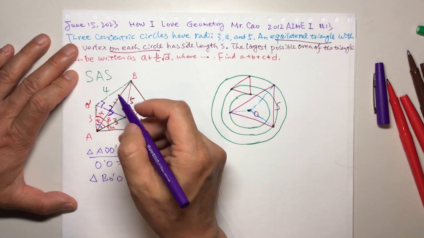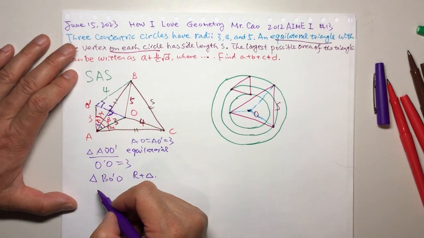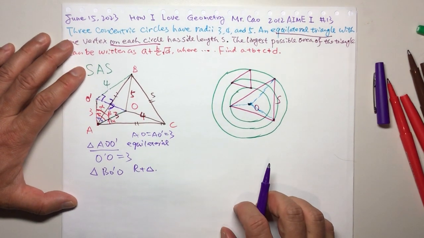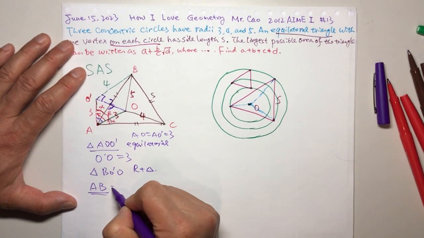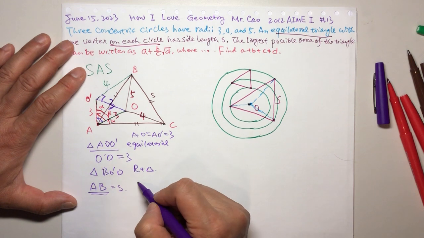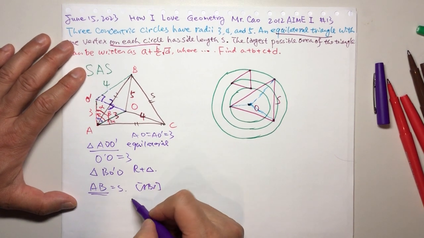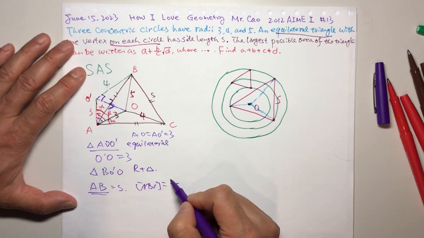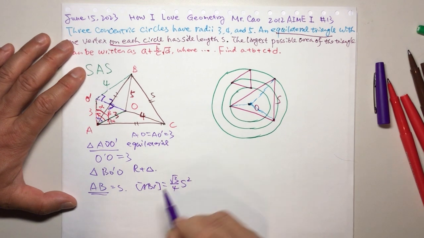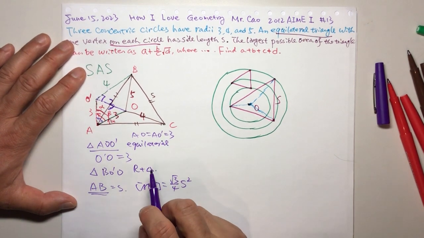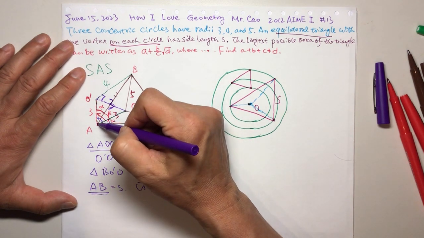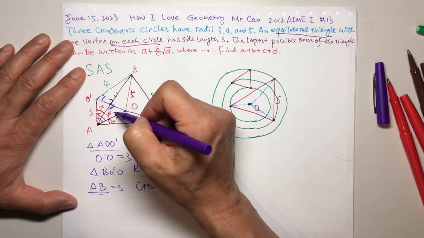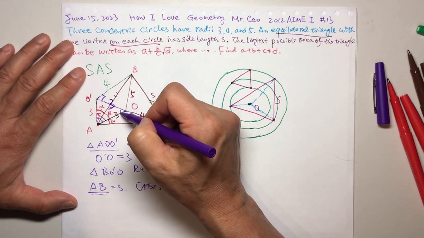Now how do we find this s? We want to find AB. If we get AB equals s, the area of ABC will be root 3 over 4 times s squared. Now it becomes clear, because we can use the cosine law. This is 3, this is 5, and this angle we need to calculate.